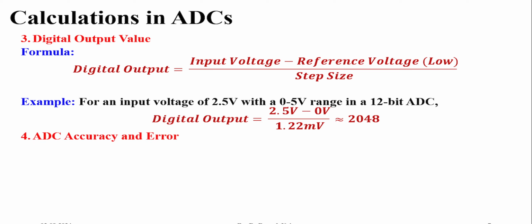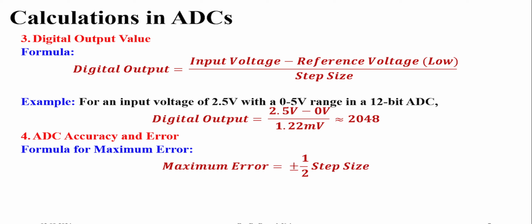Then comes the accuracy of any ADC, or we can say the error which an ADC can generate. The maximum error that an ADC can generate is equal to plus or minus 1/2 of the step size.